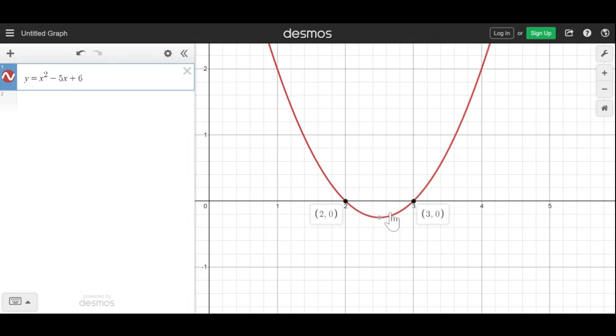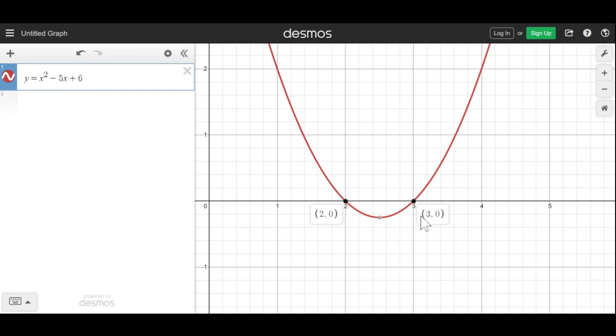So remember, these are our two x-intercepts for the equation y is equal to x squared minus 5x plus 6. So we're trying to test if k equal to 2 is a 0. So by graphing also, you can tell right away without any calculation. So that's one of the intercepts. So 2 comma 0, or k equal to 2 is a 0 for the equation y is equal to x squared minus 5x plus 6.